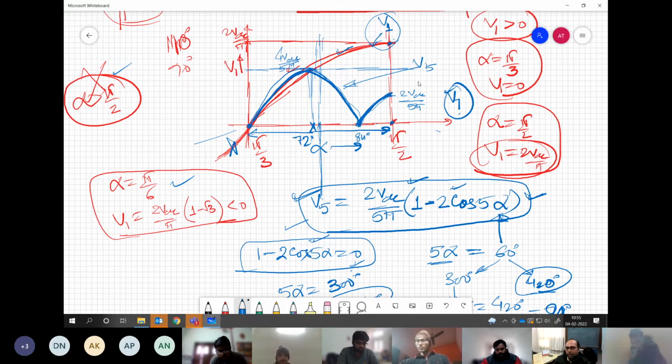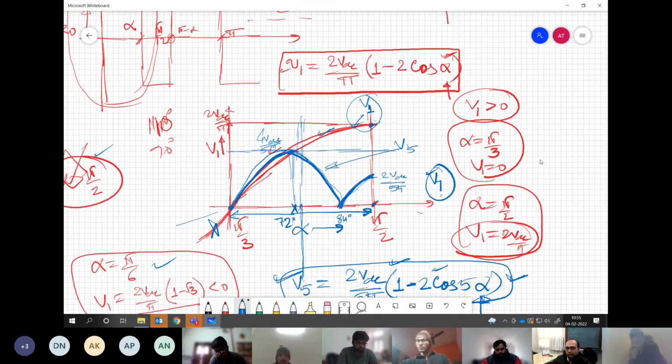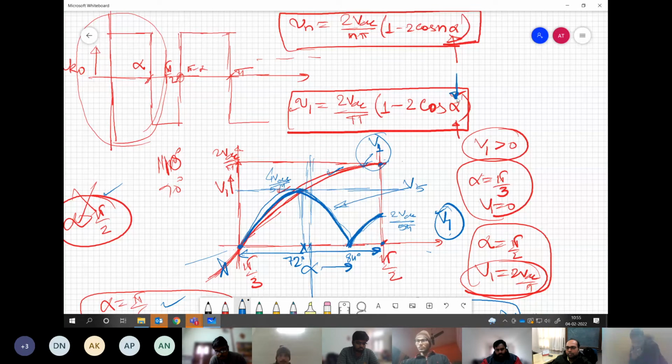Correct? But the important point to notice is that when we have only one variable in our system, alpha, we have freedom to only operate at a particular voltage. We are not able to say or control anything about the harmonic voltage. You understand my point?